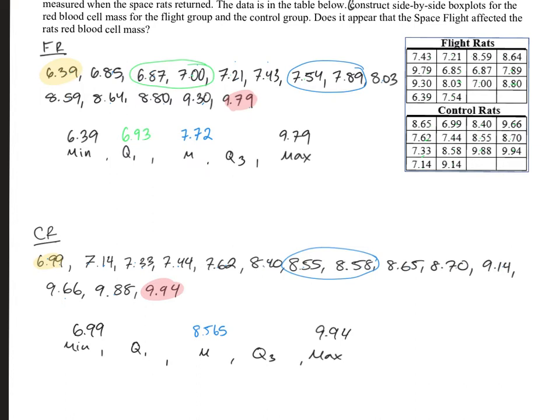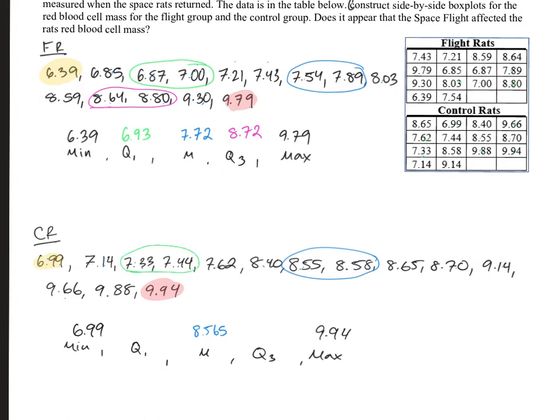And then for the Q3, 75%, find the two middle ones, add and divide by 2. 8.64 plus 8.80 divided by 2, 8.72. Let's do the same for the other one.